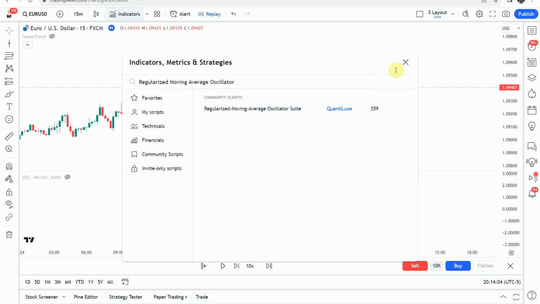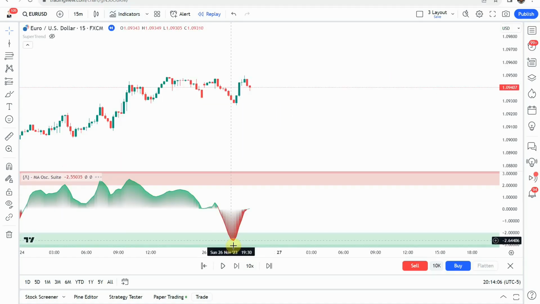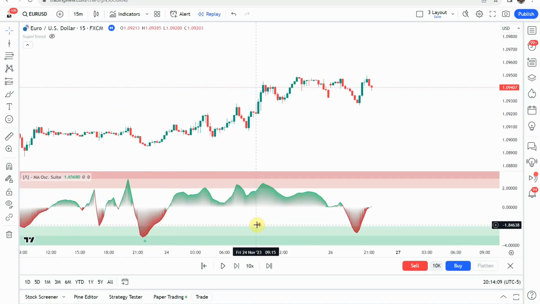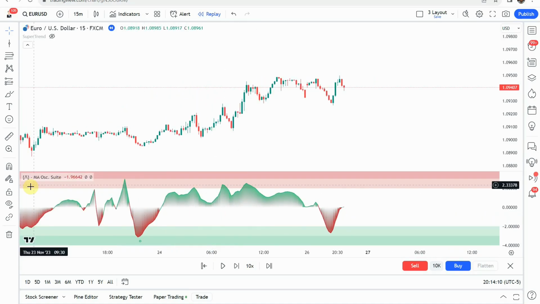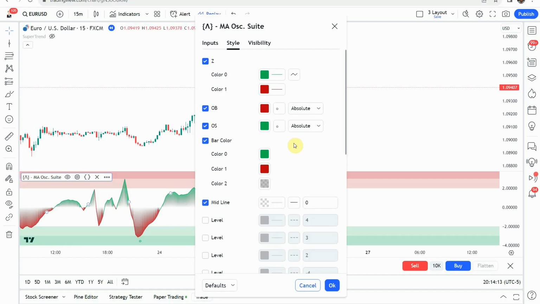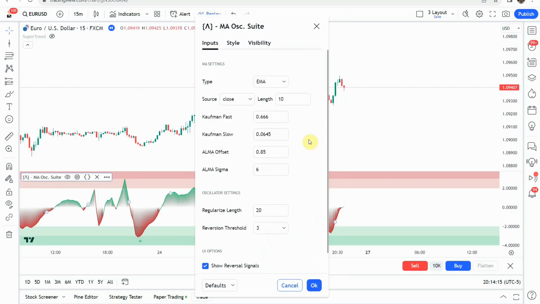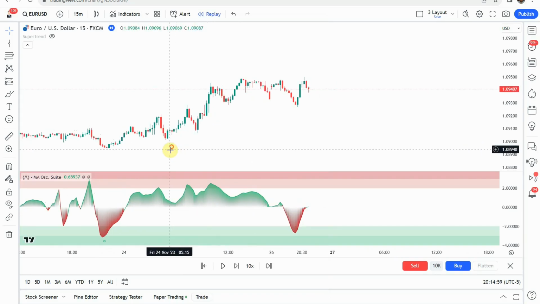A little bit challenging to say. That one is the one down here on screen like so. For the settings, you're going to make a couple of changes to the inputs. For the length, you're going to put that on 10. And for this length down here, you're going to change that one to 20.